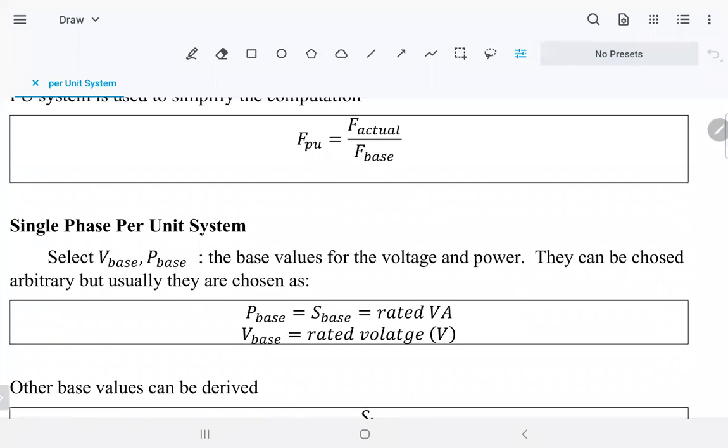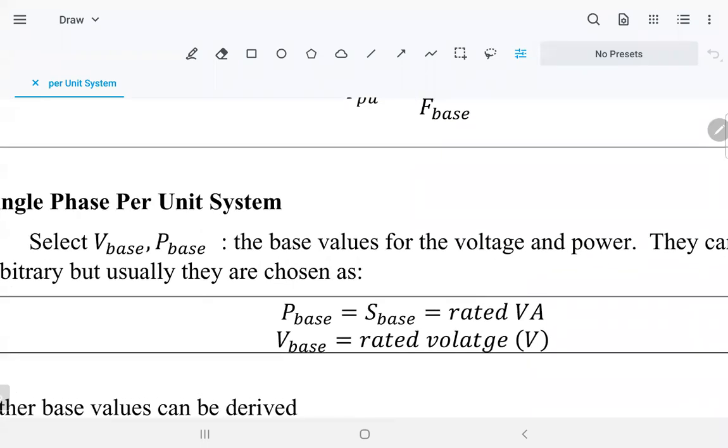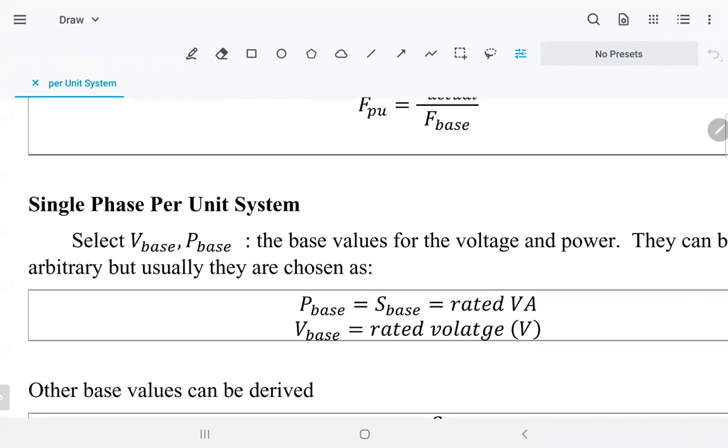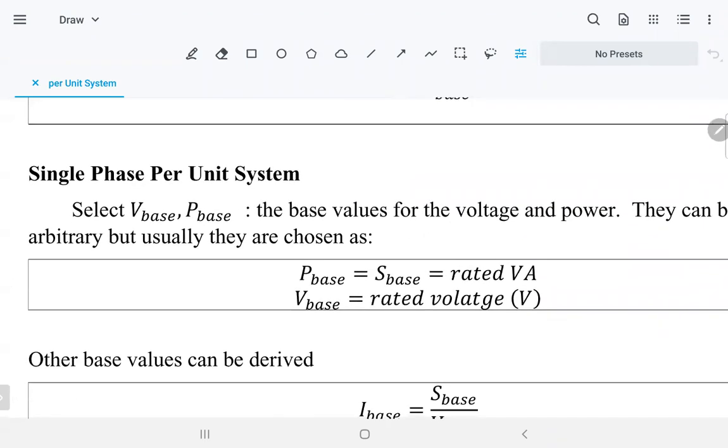Usually in power system or any electric system, it's very important to choose the very basic references, the voltage and the power, or the apparent power. The voltage and the apparent power. We call it V base and P base or S base. I'd like to refer to S because I use the volt amp as a base.